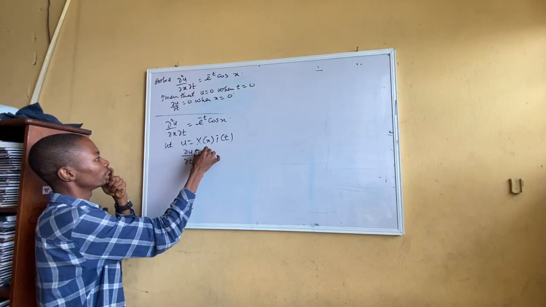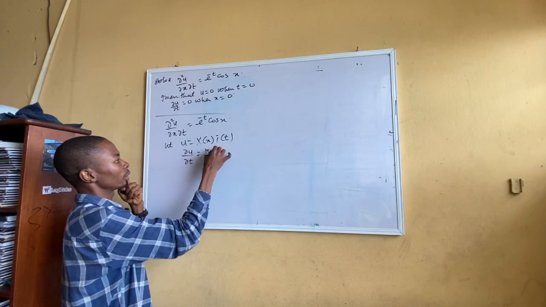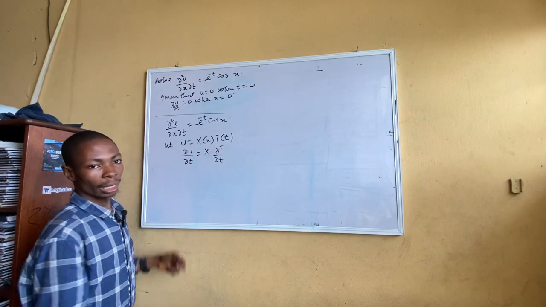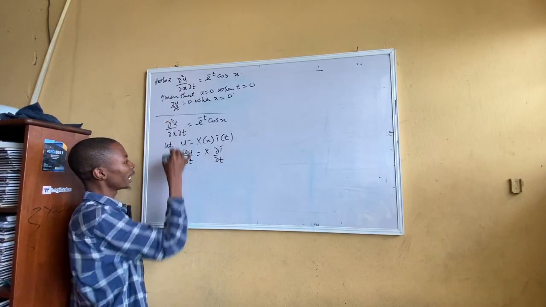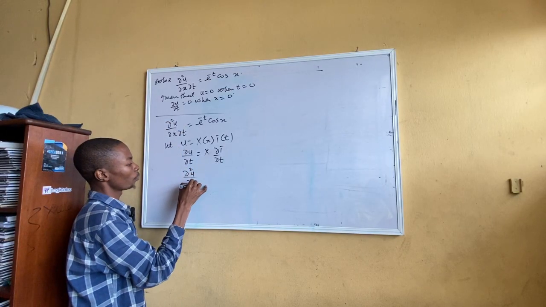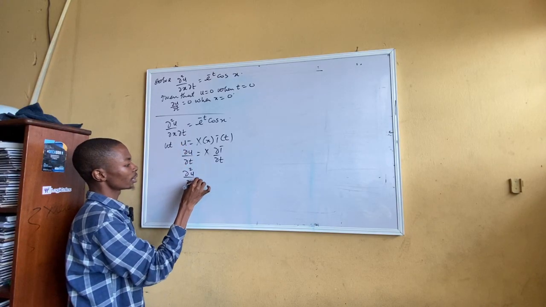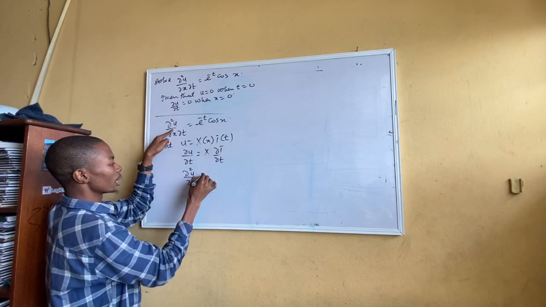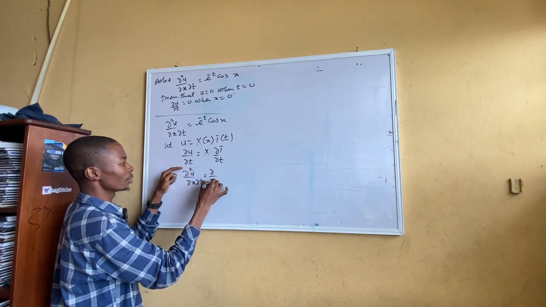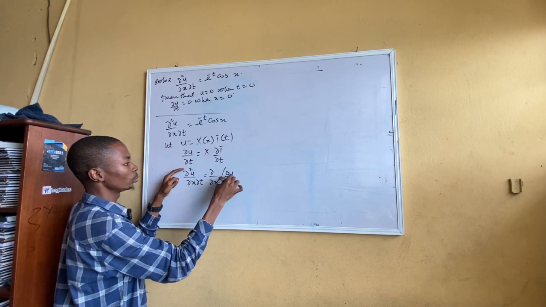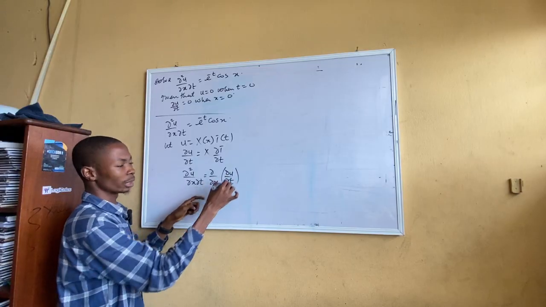So du dt is X, which will be constant, times T dash, the small t, right? And then we need d square u over dx dt. To get this, we are differentiating our du dt with respect to x.